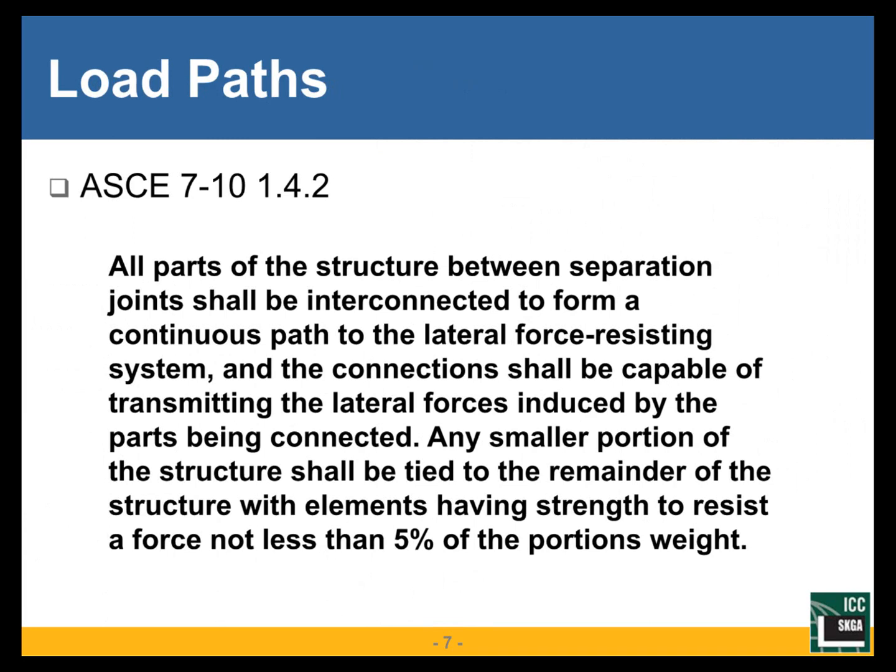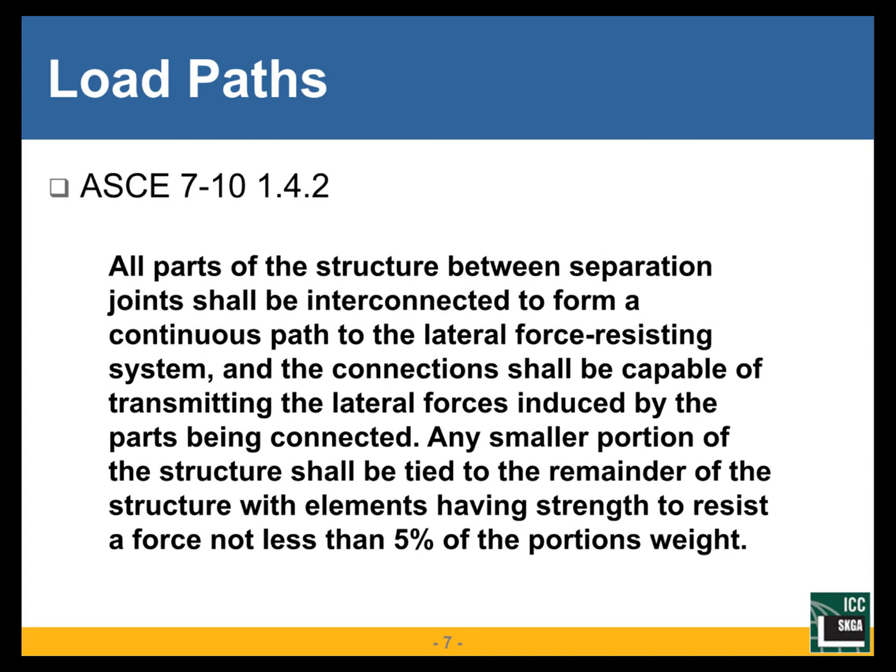But there are things that are basic that we keep in mind that are the challenge of providing connections in precast concrete. ASCE 7 section 1.4.2, and it hasn't changed in ASCE 7-16. Right at the beginning, it talks about the integrity of the structure.